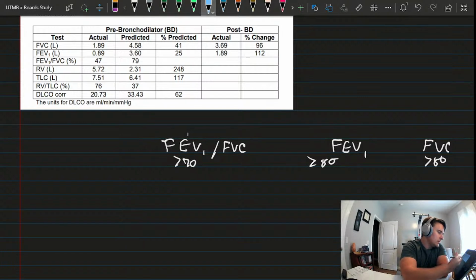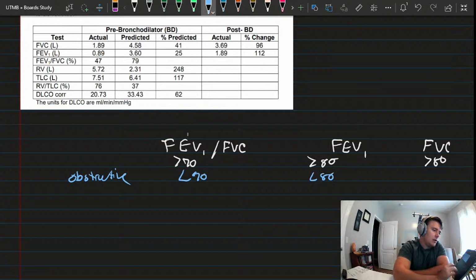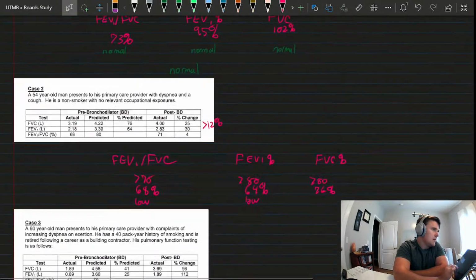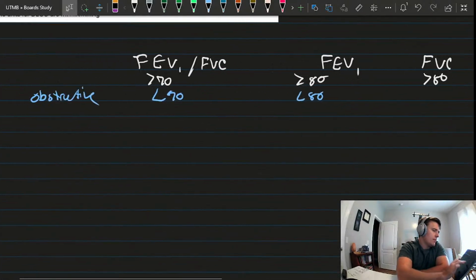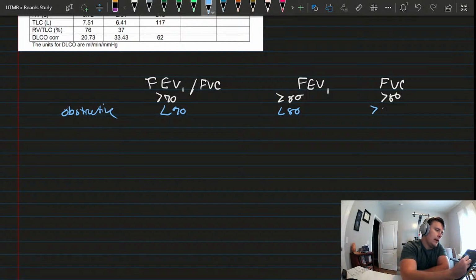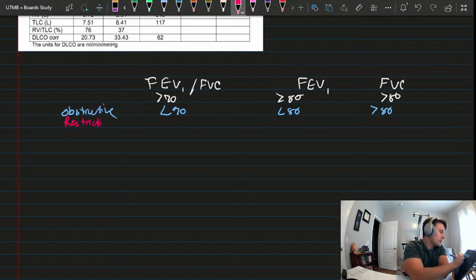So with obstructive, you've got less than 70, less than 80, and then greater than 80, and then restrictive is greater than 70, less than 80, less than 80.